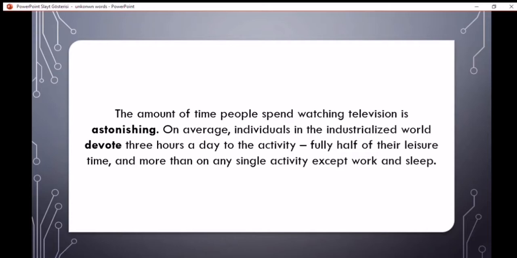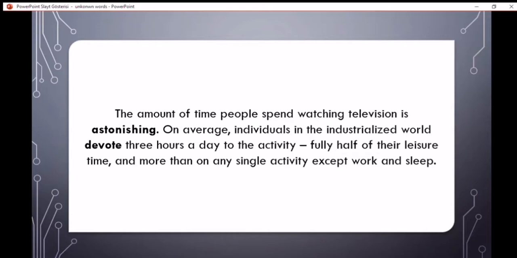By usual, I mean the given criteria. Yes, fully half of their leisure time is a little bit excessive than usual, we can say. So we see that astonishing has a little bit of a shocking meaning.